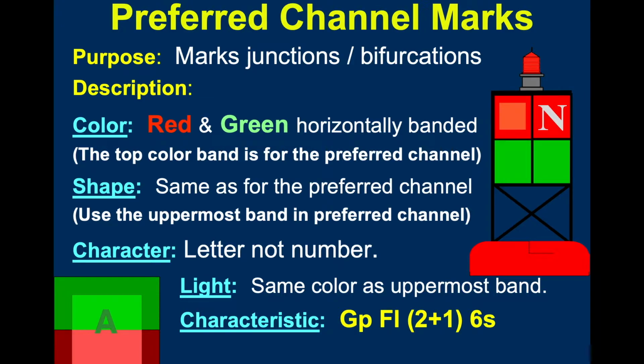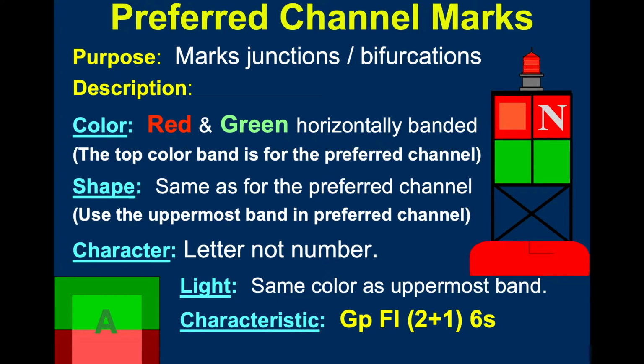We're going to use the top color as our preferred channel marker. The shape will be the same shape as the preferred channel. So if it's an unlit junction and the top color is red, it's going to be nun shaped. If it's green, the buoy is going to be can shaped.